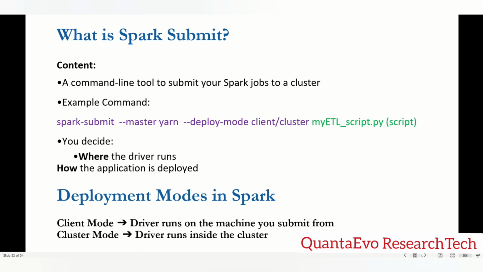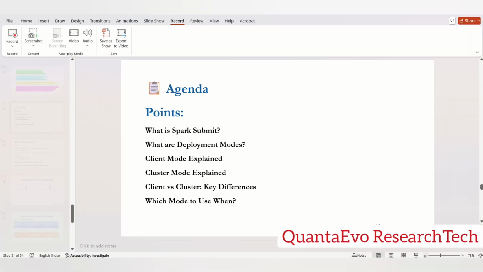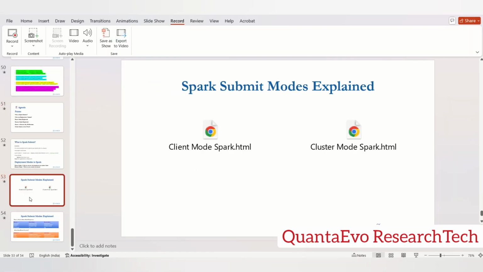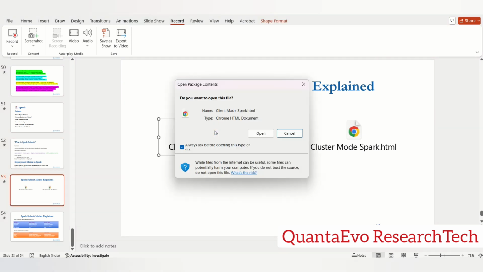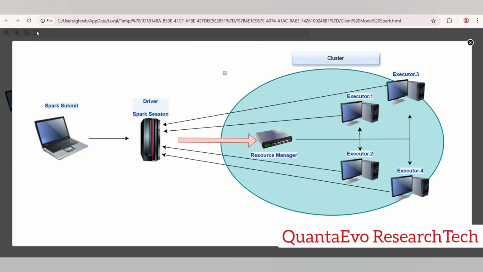Okay, let's get a better understanding of this. We'll go to this page, and here we'll open the diagram I have prepared to explain it. Here you can see this is the system where we are doing the Spark Submit.